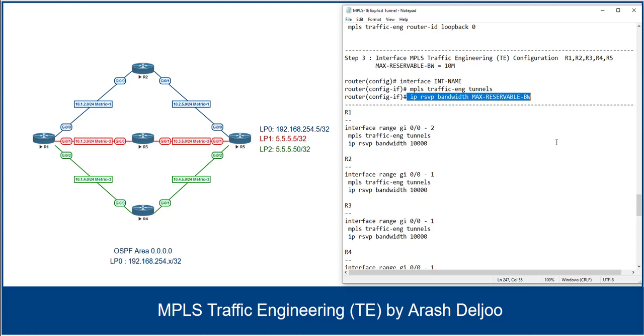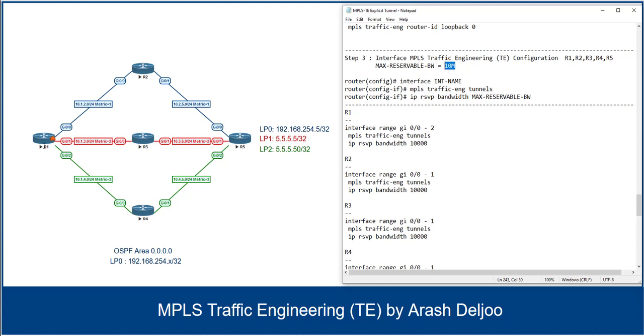For example, in step 3, the interface MPLS traffic engineering configuration should be done, and the maximum reservable bandwidth is 10 megabit per second. Here we use gigabit interfaces, and gigabit has 1000 megabit per second of bandwidth, but we allow only 10 megabit per second of this 1000 to be reserved by RSVP.